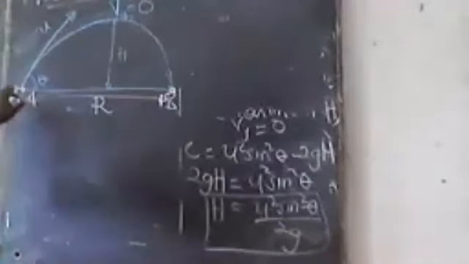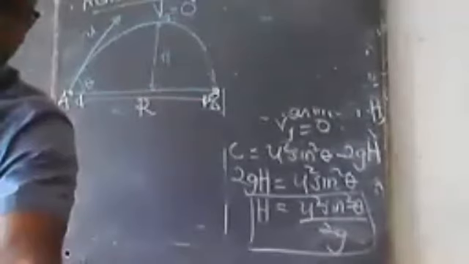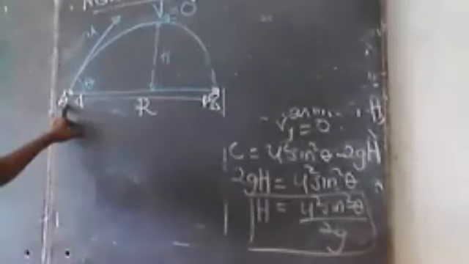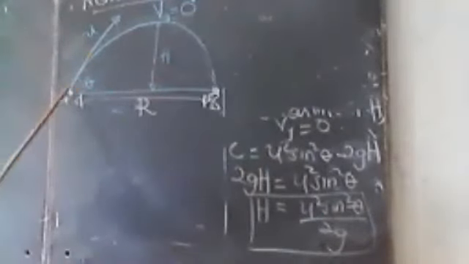The other time I told you that we determine the position of the particle at any given time t on the trajectory. The trajectory is the path taken by the particle, this curve.